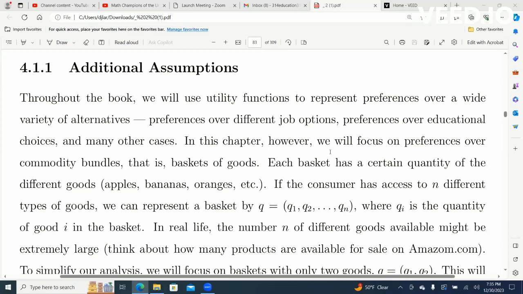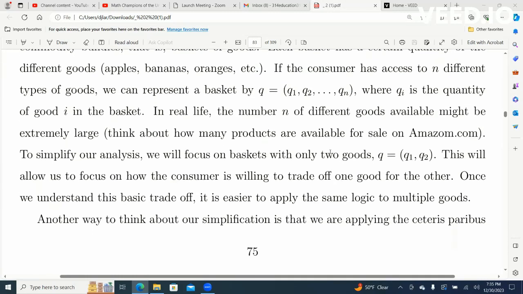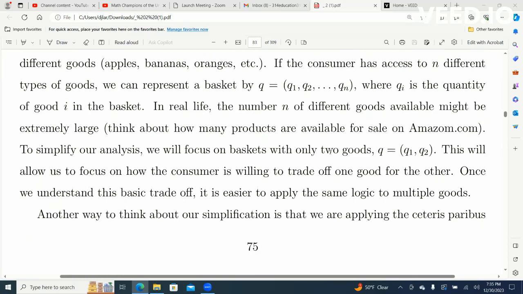Each basket has a certain quantity of the different goods, apples, bananas, oranges, etc. If a consumer has access to n different types of goods, we can represent a basket by Q equals. So that's the total quantity. Q is a function. I know that can be confusing, but I think the addition of all quantities is just the quantity of each one, where Qi is the quantity of good i in the basket.